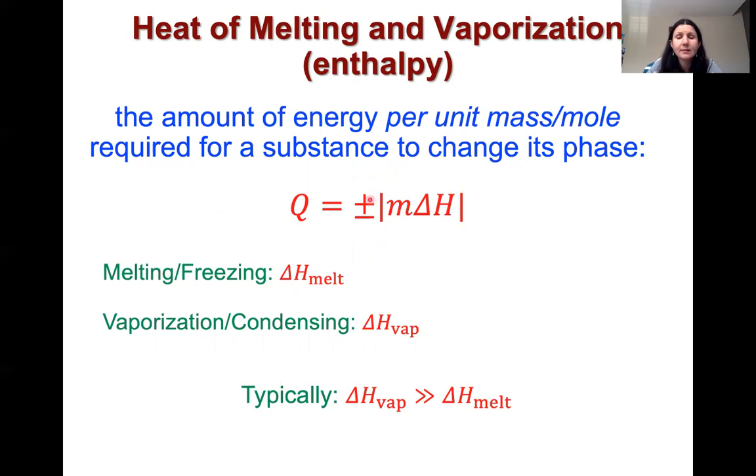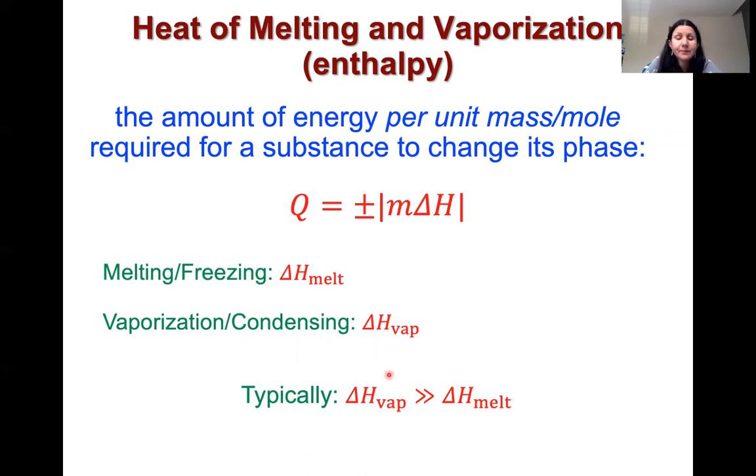If you're melting, that's a plus sign, heat is being added. If you're freezing, that's a minus sign, heat is being removed. And then vaporization or condensing, again, regardless of which direction you go, we normally put this vape subscript here to distinguish the two. Typically, as you saw for water, the line for the vaporizing transition is much longer, so more energy is required than to melt.